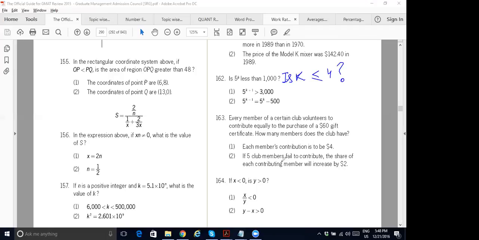If you know that 5 to the k minus 1 is 5 to the k minus 500, let's see.